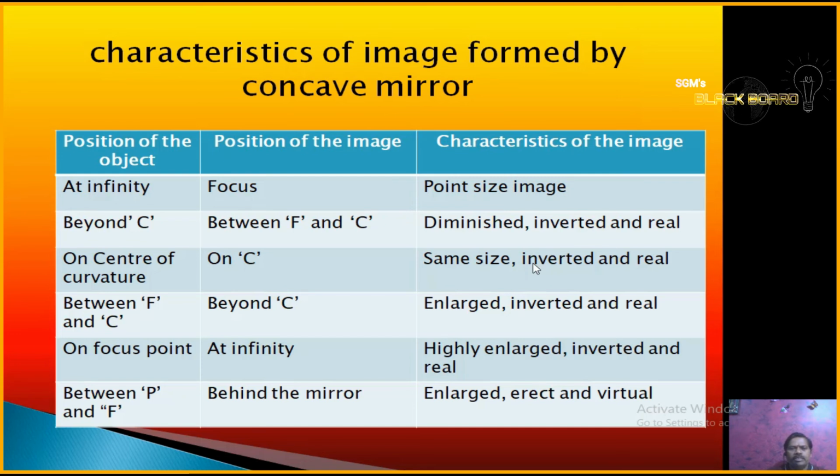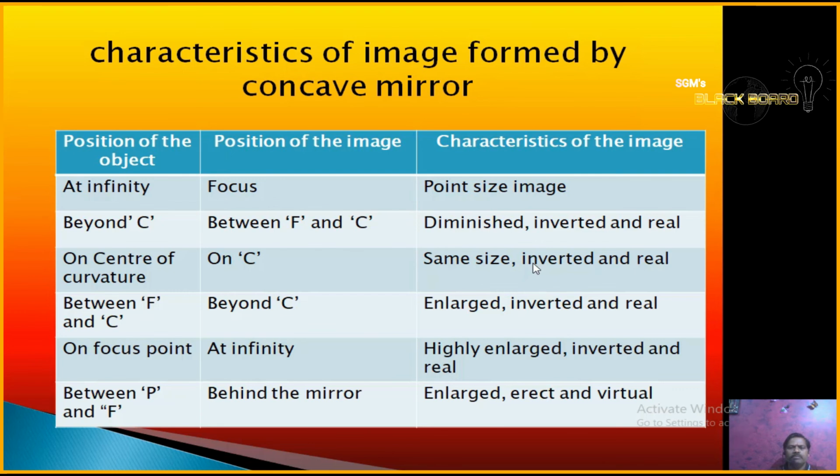When the object is between focus and center of curvature, we get the image beyond C, and it is enlarged, inverted and real. When the object is on the focus point, the image is at infinity distance, highly enlarged, inverted and real.